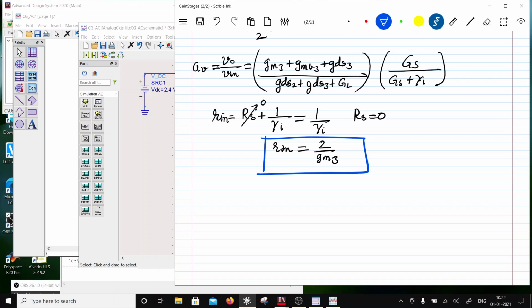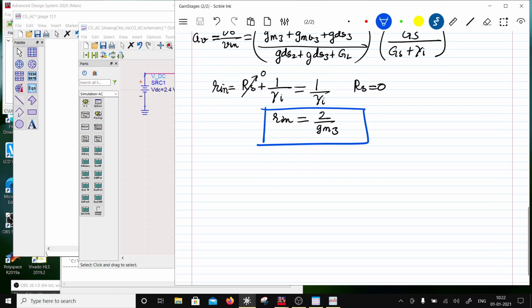So when you design RF blocks, it's difficult to match the input to a high impedance. Now here my input impedance is under the control of Gm3. So 2 over Gm3 is my input impedance, which is much lower than that of a common source. So it's easier to match a common gate amplifier for RF requirements, right?